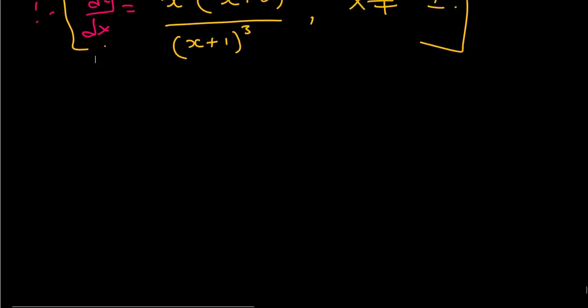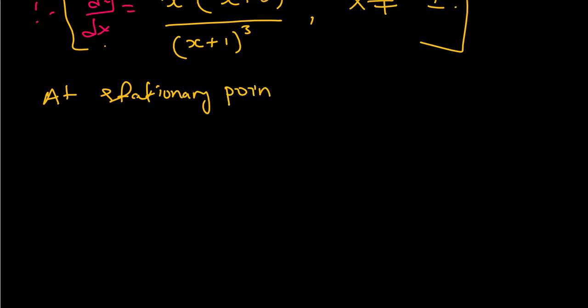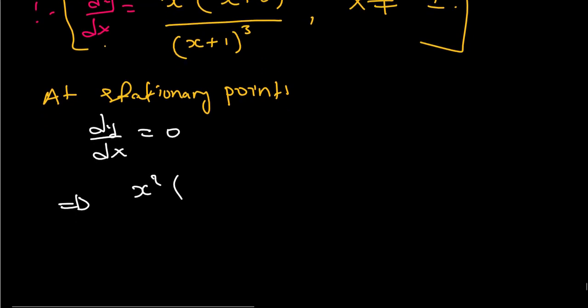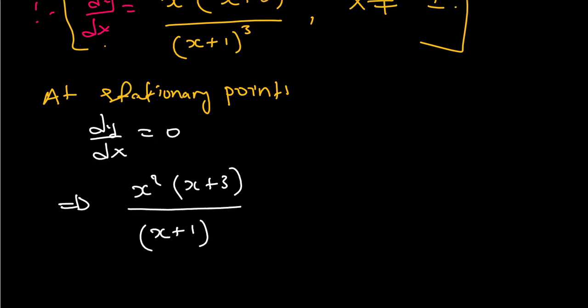Okay, now for stationary points, at stationary points, the derivative of the function is 0. We have dy on dx equal to 0. So this means I have x squared into x plus 3 divided by x plus 1 all of that cube is equal to 0.